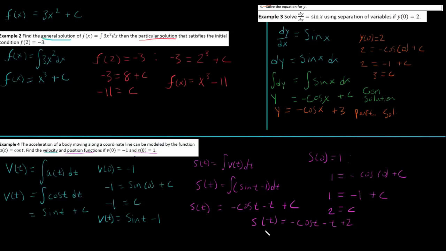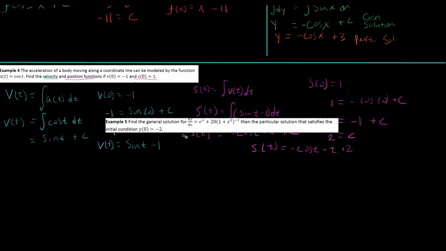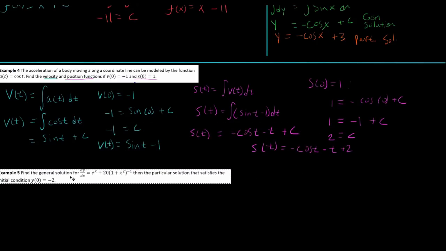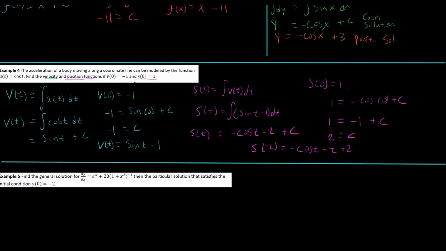Okay, let's take a second. Let's look at example 5. We'll put a little line here again, same blue color. Okay, so this time we're given something in Leibniz form.